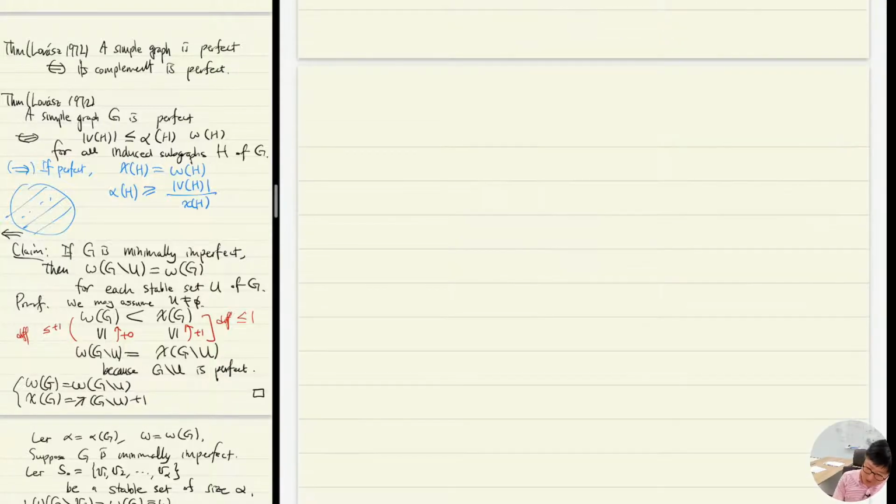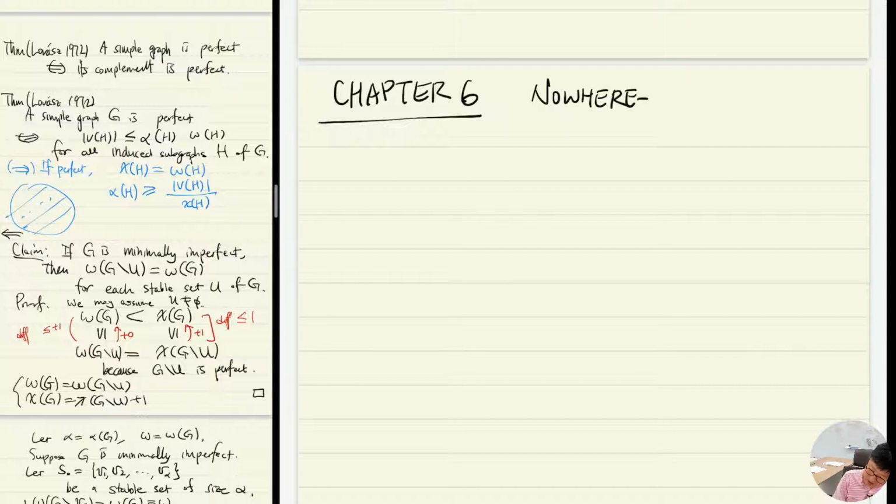Now let's move on to the next chapter. Nowhere-zero flows. So this is probably the first place where we will talk about directed graphs. Oh, except we mentioned directed graphs in the proof of the theorem that chromatic index is equal to the list chromatic index.